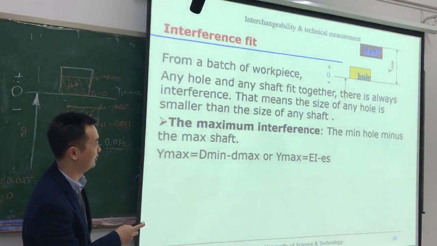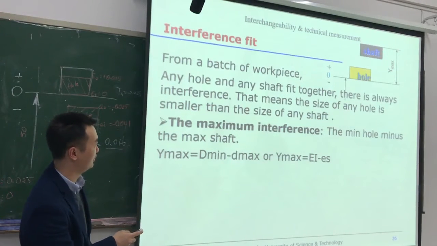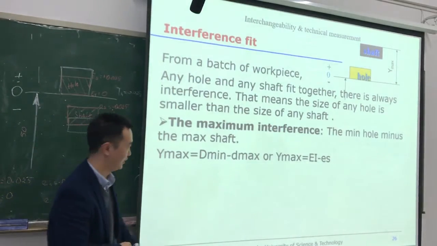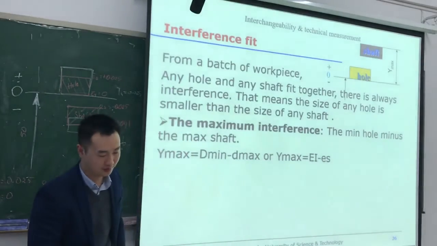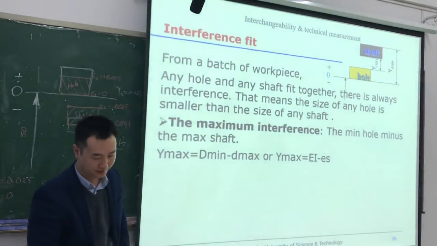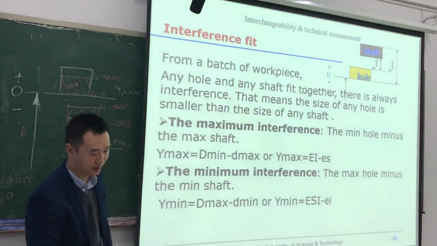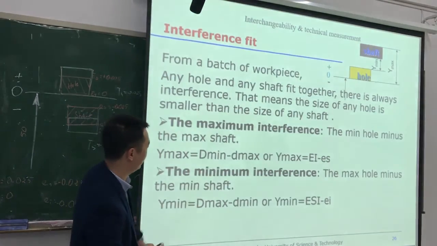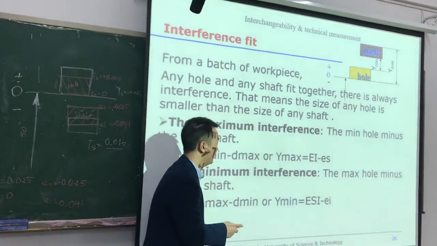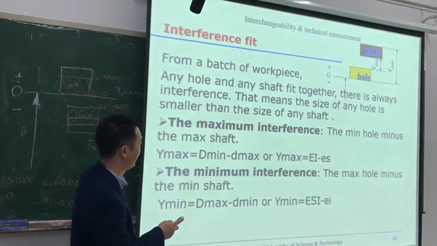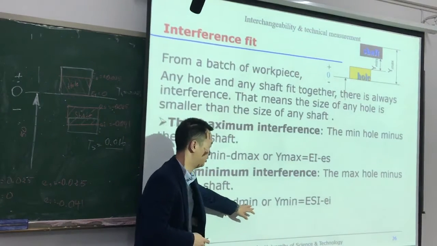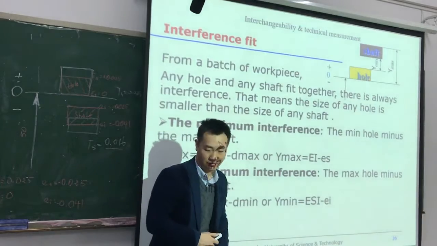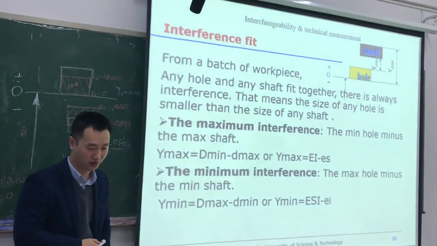You can also use this equation to calculate it. And we can also calculate the minimum interference: the maximum hole minus the minimum shaft, which can also be calculated by the following two equations.